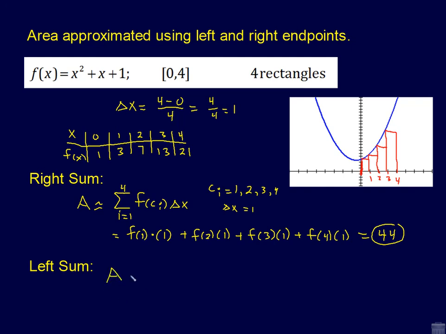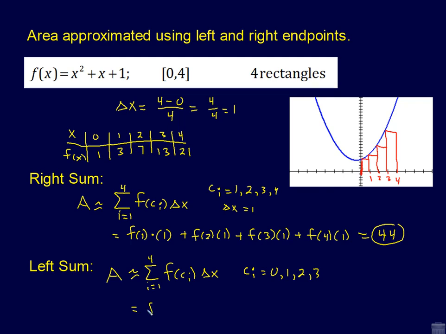Our definition is the same in a way. We're adding up the 4 rectangles. So the sum of the 4 rectangles, height times width. But this time, the x values, the 4 values we're putting into the function, will be the leftmost points. So 0, 1, 2, and 3.